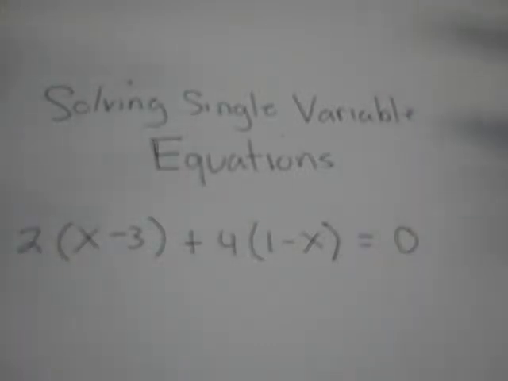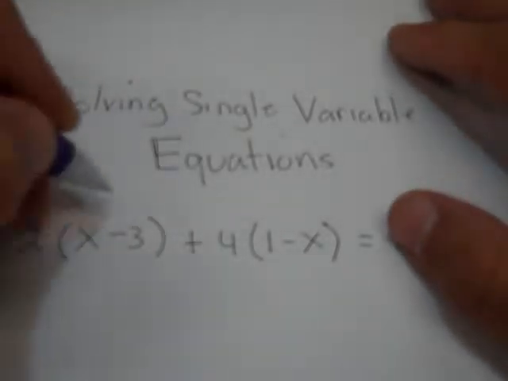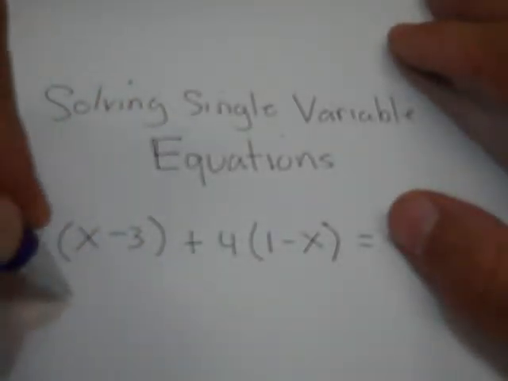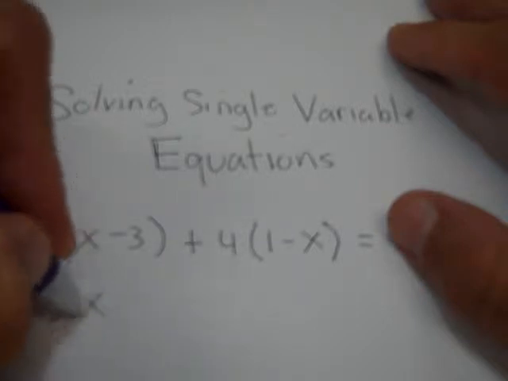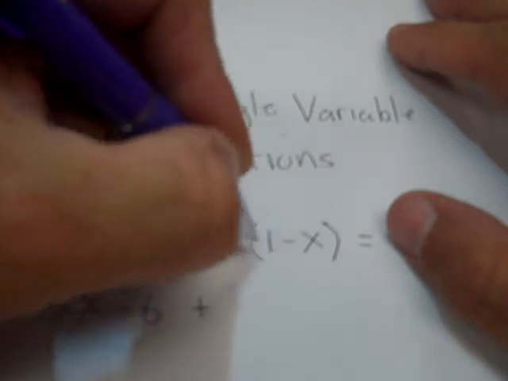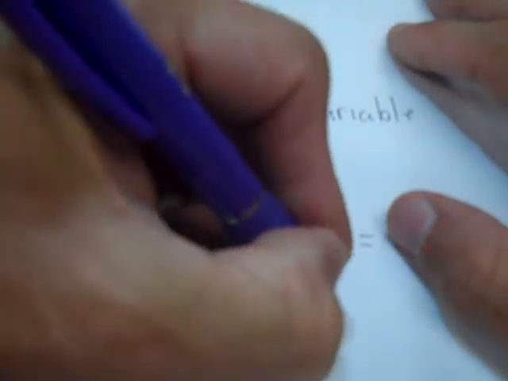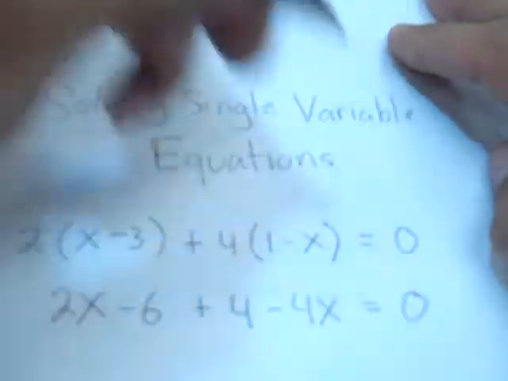So our variable is x. So if we solve for the single variable x, we can use, in this case, the distributive property, 2 times x minus 6 plus 4 times 1 minus 4x equal to 0.